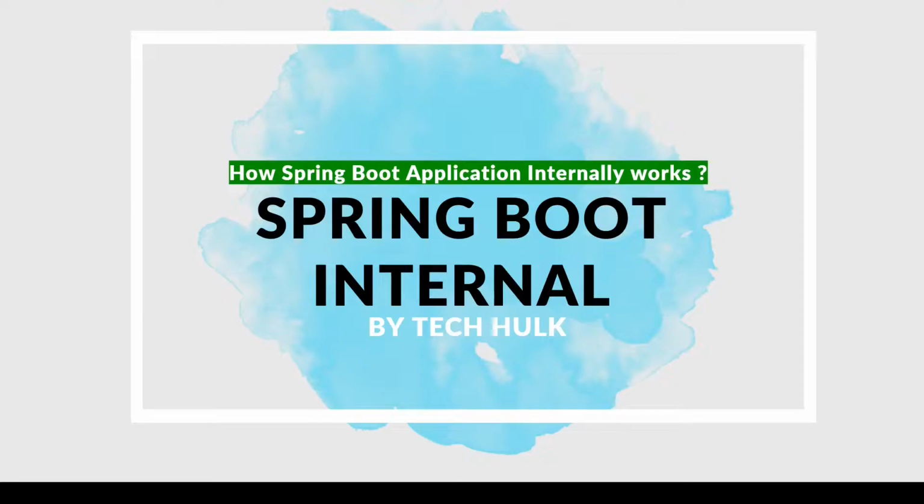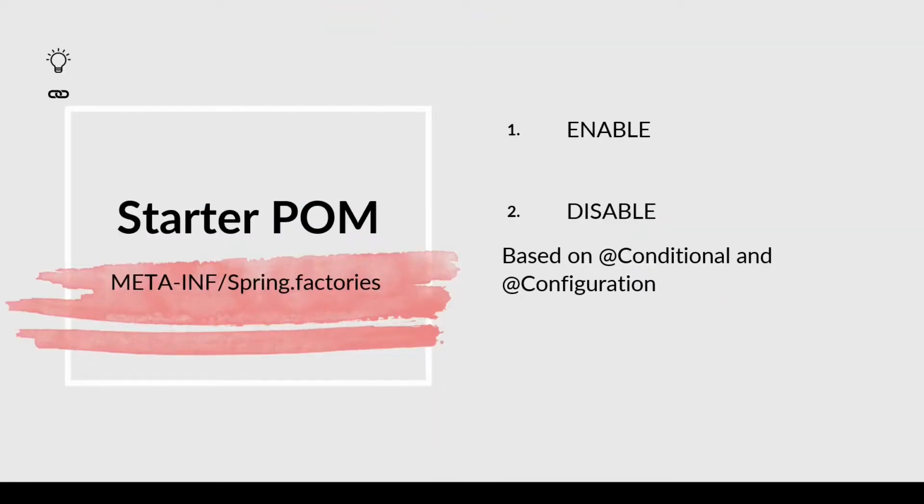Spring does not generate any code on the fly, and it does not use any configuration like XML. Simply, it uses the Java based configuration approach, where they have provided pre-configured jars and we just use them. I hope you are aware of the starter dependencies in pom.xml.